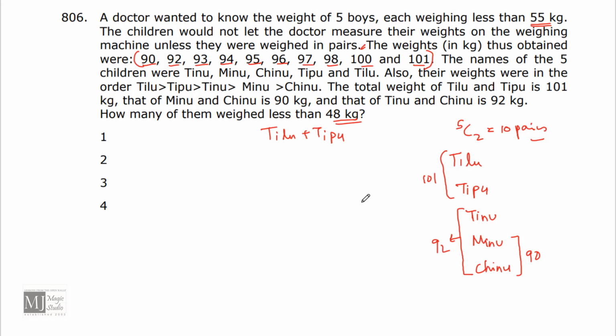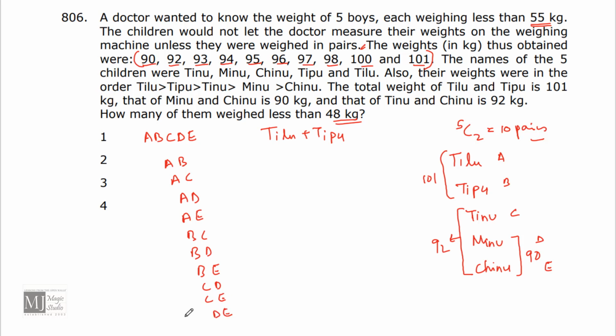And there is a simple process to find this. See, these are the weights of the 10 pairs. If we take A, B, C, D, E as these 5 of them, then we can see what the 10 pairs are: AB, AC, AD, AE, then BC, BD, BE, CD, CE, and DE.